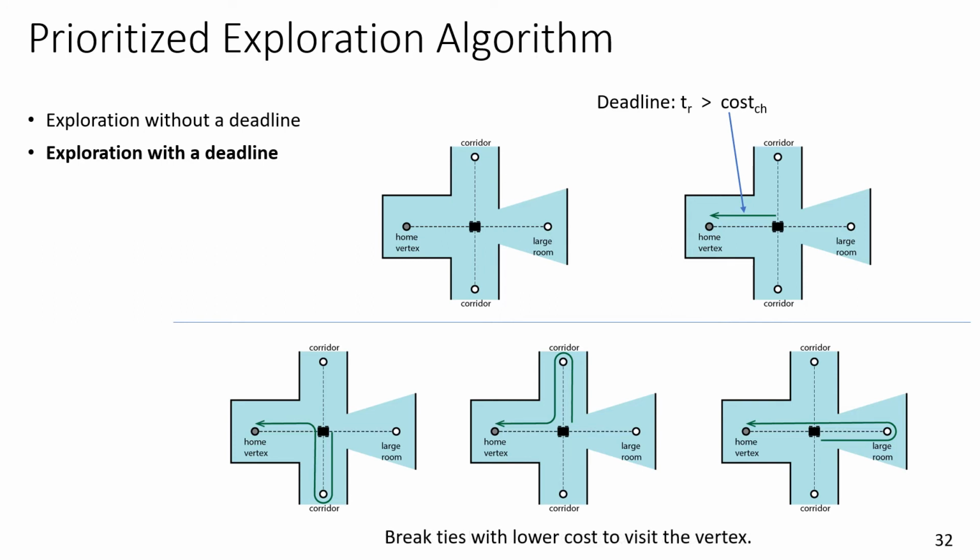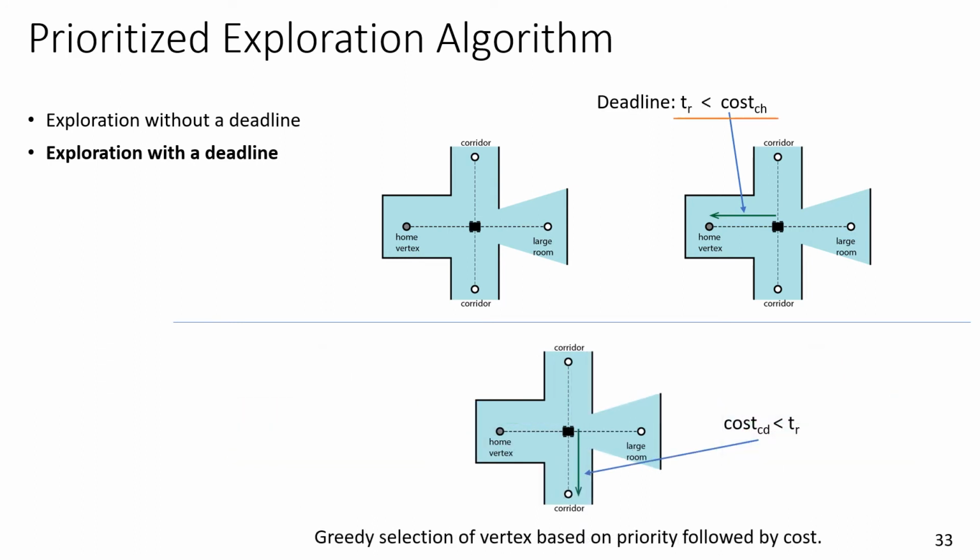The robot breaks ties among the highest priority vertices by visiting the vertex with the lower cost. If the time remaining is insufficient for the robot to return to the home vertex, it chooses to explore the environment. It chooses the vertex with the highest priority as long as the vertex can be visited within the deadline.